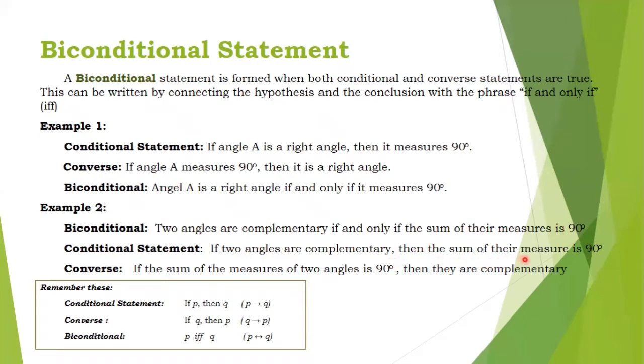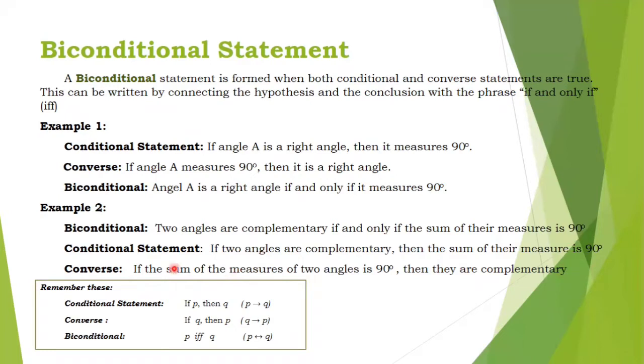The sum of their measure is 90 degrees. Okay, and of course, since we already know the conditional statement, we can write its converse. The converse, this time, again, we're going to interchange the hypothesis and the conclusion. So we have if the sum of the measures of two angles is 90 degrees, then they are complementary.